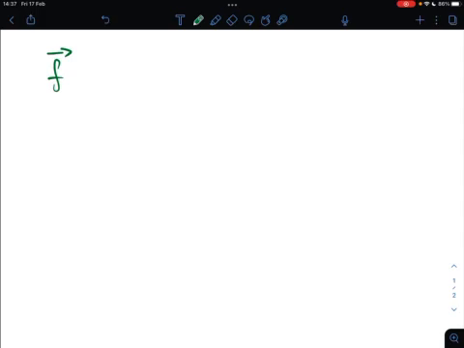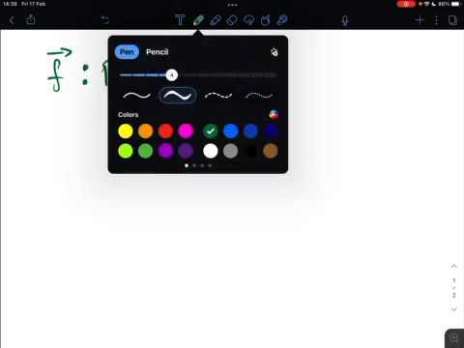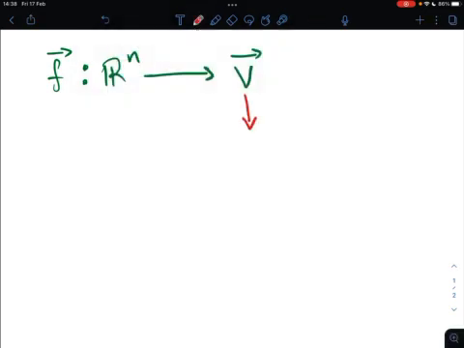A vector function works on the space Rn, and what it does is take this space Rn and map it into another space, which I will now denote as V with an arrow, the space of vectors.